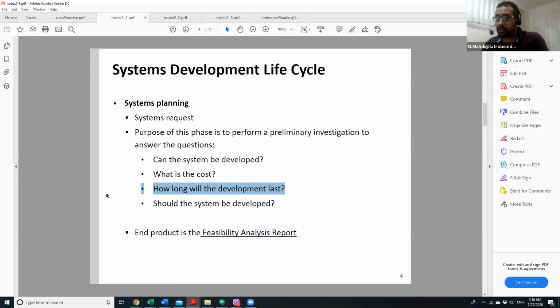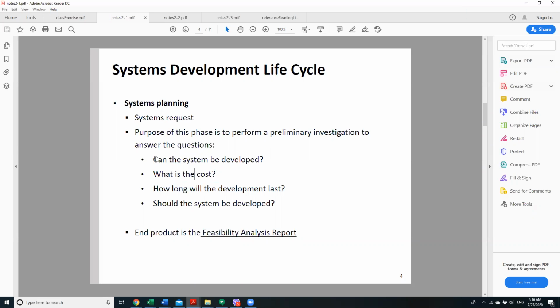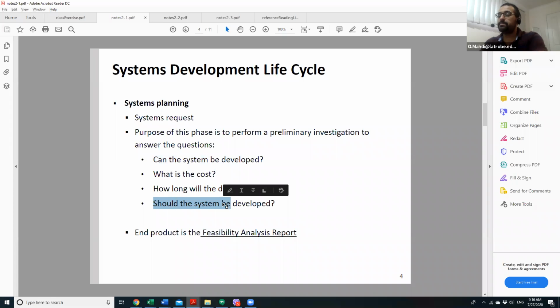But what is the difference between the first one, can the system be developed, and the last one, should the system be developed? When you read these two questions, do you think there are differences between them, or are they the same? What do you think?